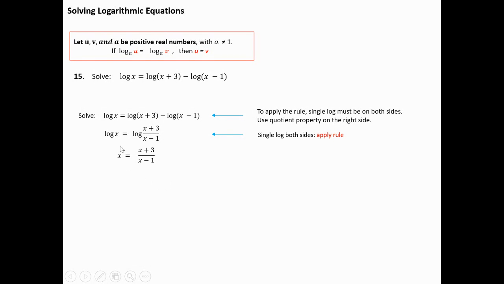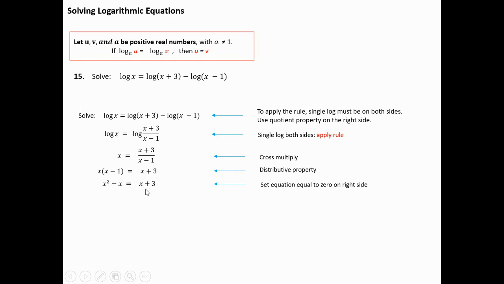So x equals (x plus 3) over (x minus 1). Then we can cross multiply, which gives us x times (x minus 1) equals x plus 3. Then we distribute, giving us x squared minus x equals x plus 3. Now we have to set it equal to 0, because we have a quadratic equation.